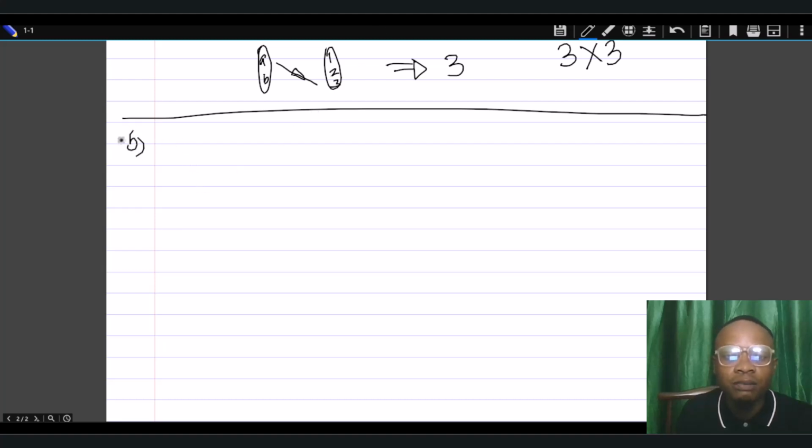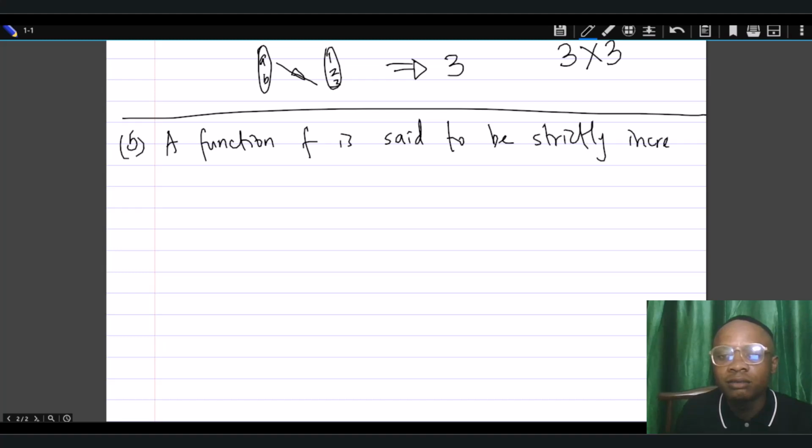For portion B now, for the definition, we say that a function f is said to be strictly increasing if f of x1 is less than f of x2 for all x1 less than x2.